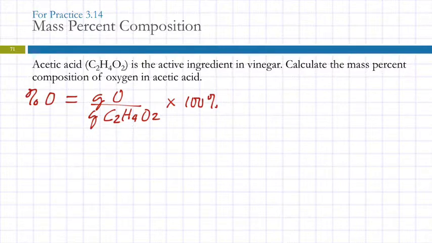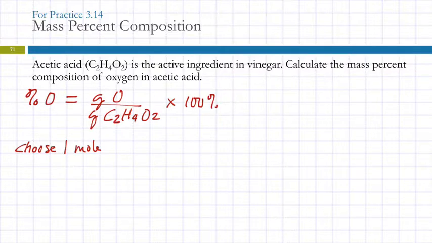The percent is always the same. So they don't actually have to specify the amount, but we need numbers. So what we're going to do is choose 1 mole. We're doing that because it's convenient.